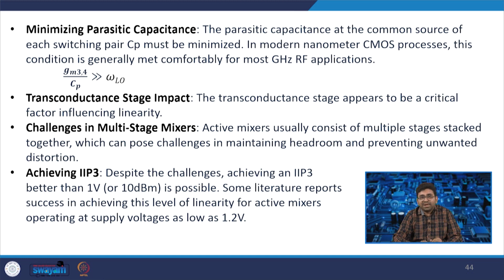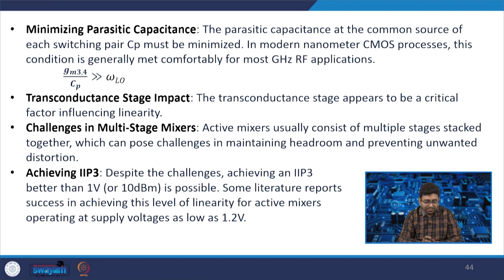So, minimizing the parasitic capacitance: the parasitic capacitance at the common source of each switching pair that we have seen as CP must be minimized, and in modern nanometer CMOS processes this condition is generally met comfortably for most gigahertz RF applications.